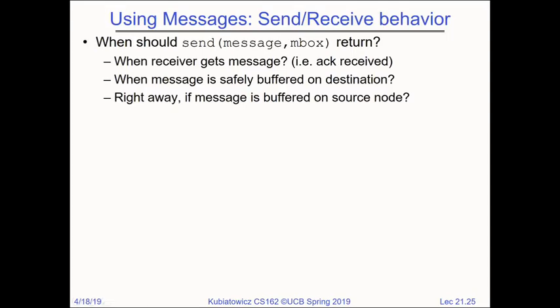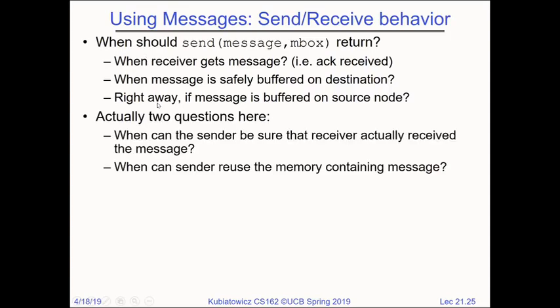As you become more proficient at building your distributed applications, which you will all do over time here, start thinking about what functionality you really need in the network. There are really two questions: when can the sender be sure that the receiver actually received the message, and when can the sender reuse the memory containing the message?